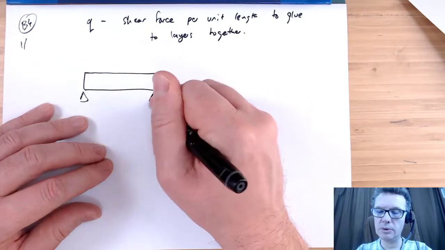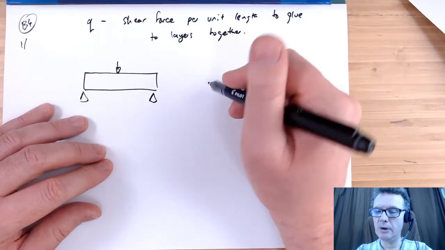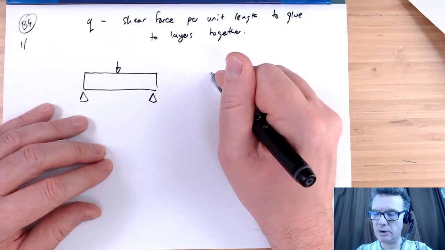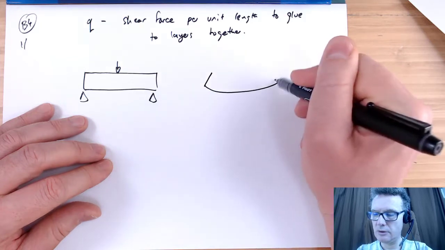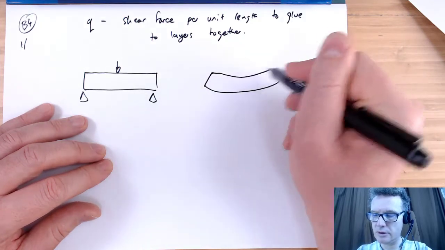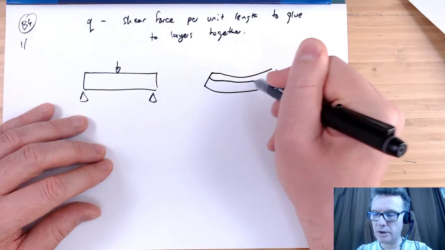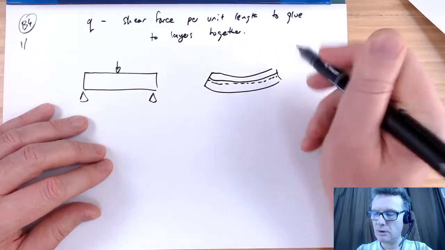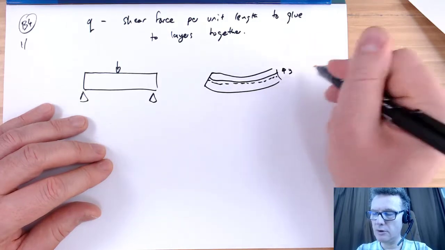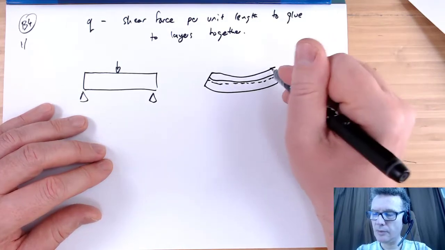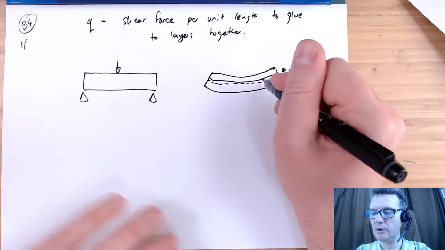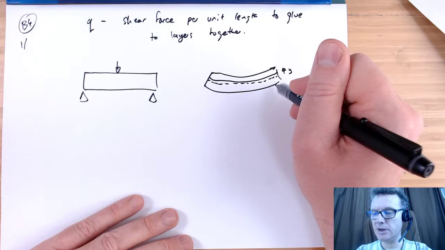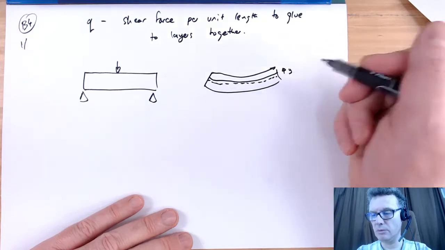We're going to load it up, and I'm going to imagine that this thing's going to get squashed like this, and that at some height, which I'll take away from the neutral axis, we're going to examine how well this top bit of the beam is going to stick to the bottom bit of the beam.